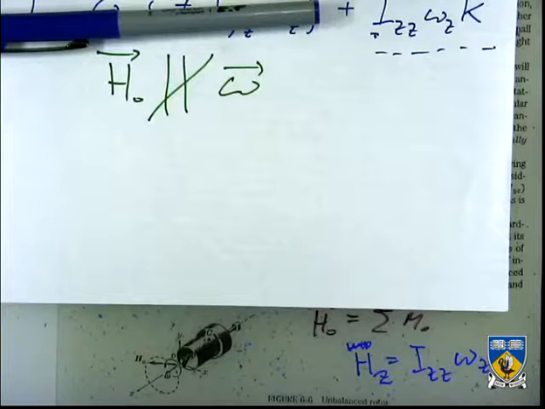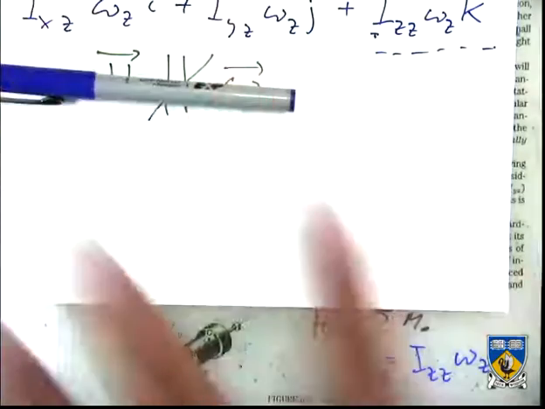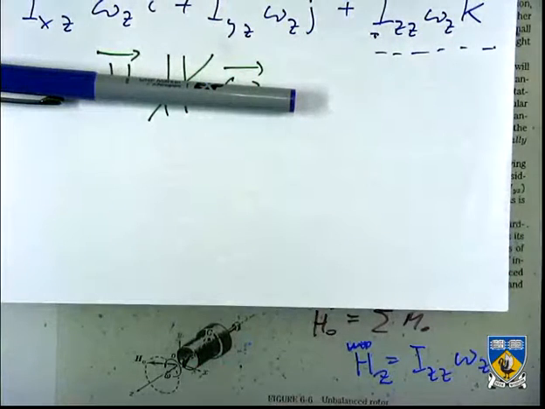So IZZ will be the moment of inertia of this rotor around the z-axis, but we must make sure that the products of inertia are 0, which means if it is perfectly symmetric, there is no problem, right?